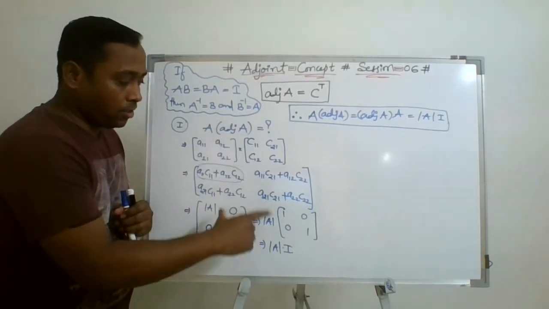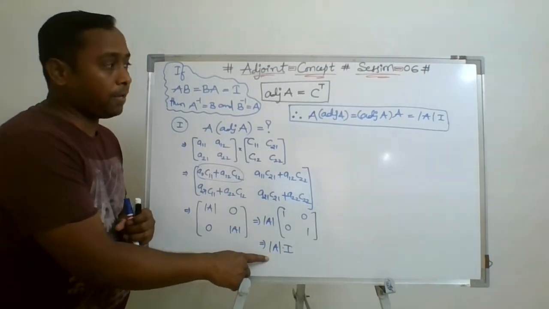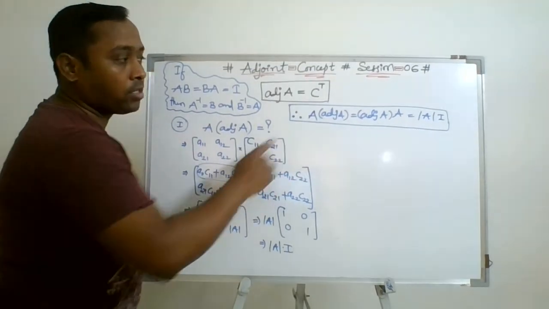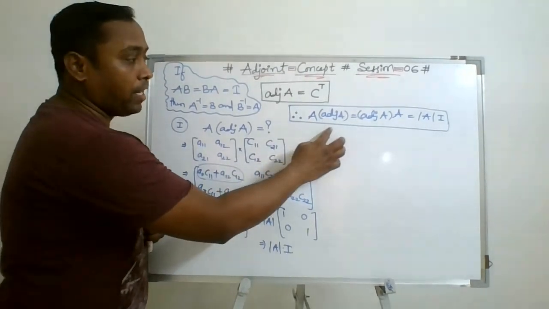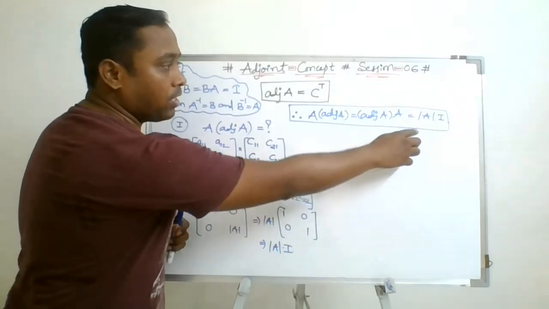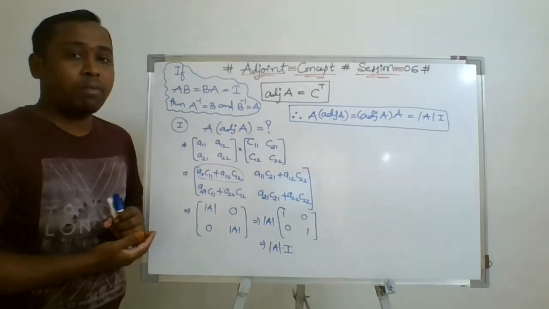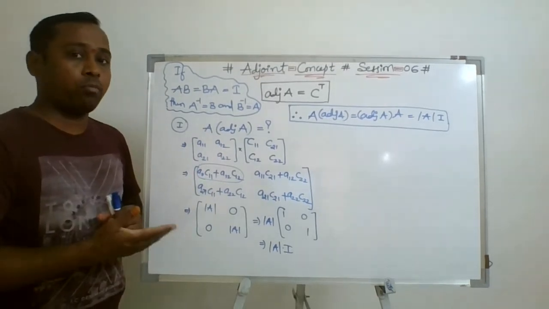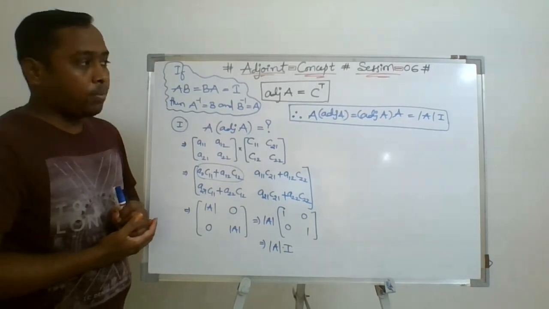Then after doing this multiplication, I got to know that the result is det A into I. So the first important property of adjoint is A into adjoint A is always equal to adjoint A into A. The product will be the same, equal to det A into I. You may also prove this by taking a 3 by 3 matrix, 4 by 4, or a general n by n matrix. Fine. Now coming to the next point.